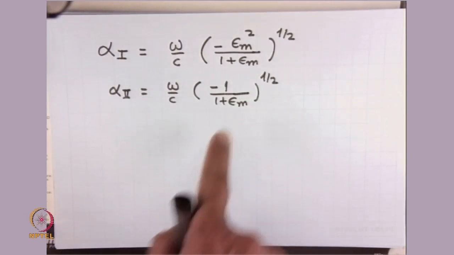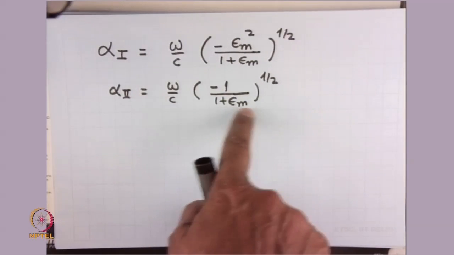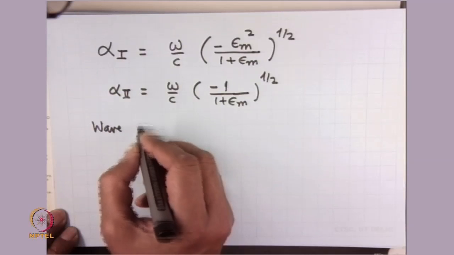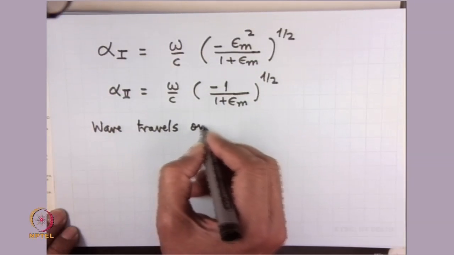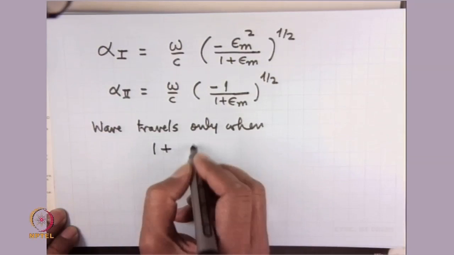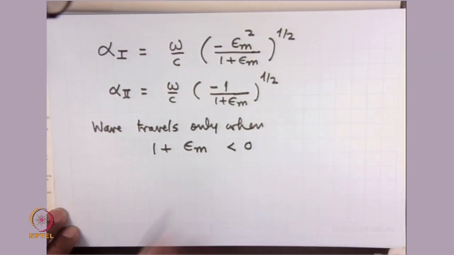This is a very important thing, that this wave will travel along the surface only when 1 plus epsilon m is less than 0.